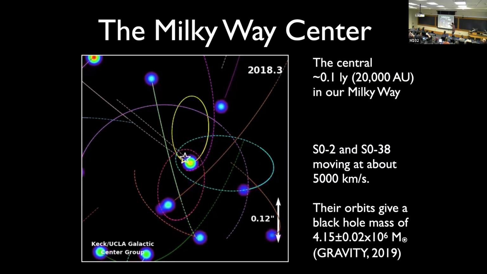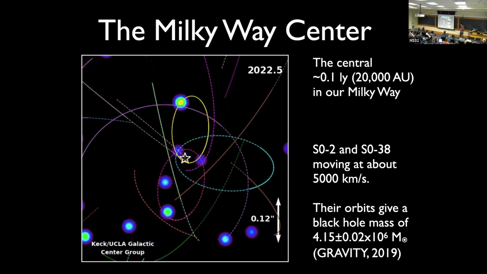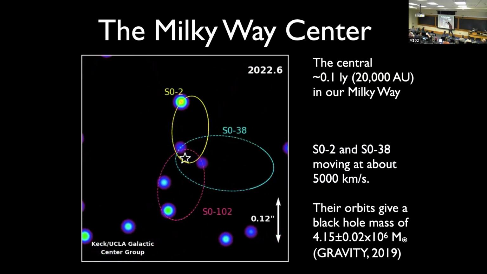And there's these really bright, massive young stars that are orbiting around our central black hole. The two that have completed these orbits here have orbital motions of around 5,000 kilometers per second. For contrast, we're moving about 30 kilometers per second around our sun.